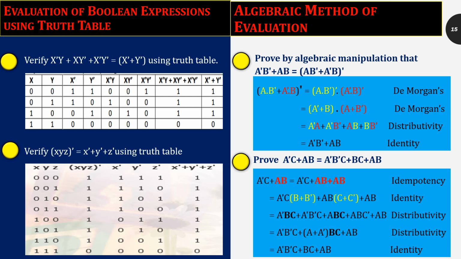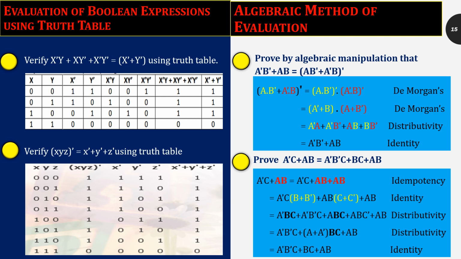Here we are given a question: verify x bar y plus x y bar plus x bar y bar is equal to x bar plus y bar. In the left hand side we have three terms. First we need to find the values of these three AND terms and then take their sum. The first term is x bar y.